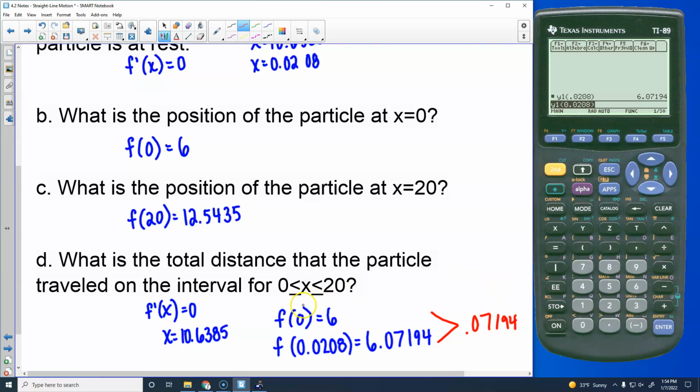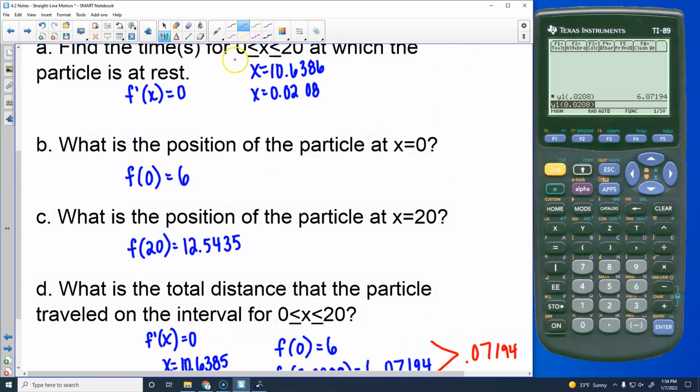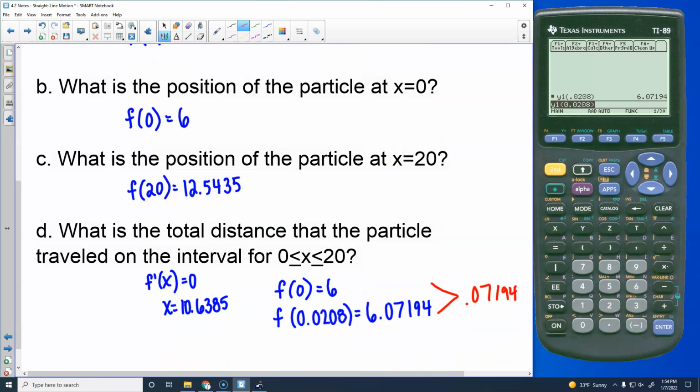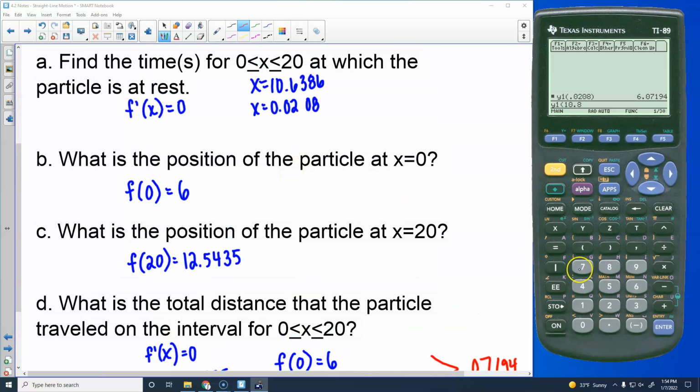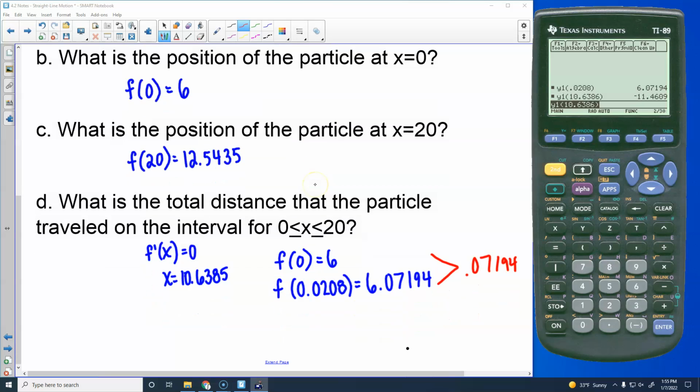Then we've got to think about the next time the particle's at rest, because the particle is going to go to the left until it gets to 10.6386. So we're going to do y1 of 10.6386. That's going to give us negative 11.4609.